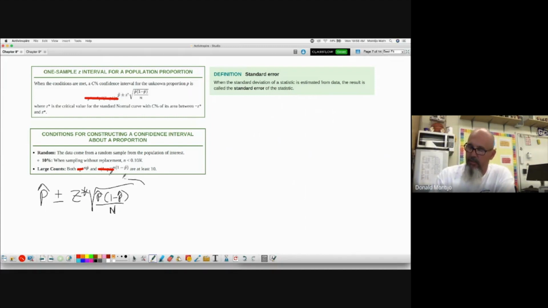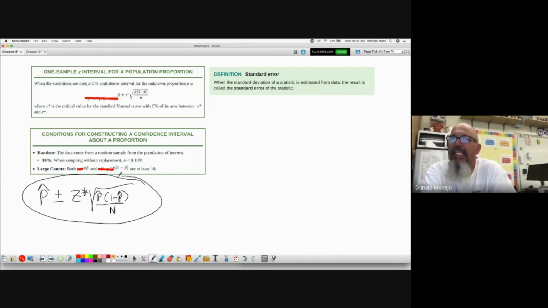This is the formula for the confidence interval, where z star is the critical value. It gives us the multiplier, how wide our interval is going to be, based off of how confident we want to be that we capture the true population parameter.